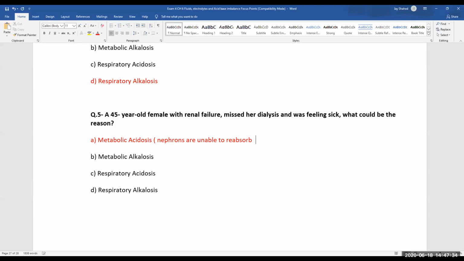Base. So when you are unable, because it's failing, you're unable to reabsorb the HCO3 that's coming out. So when this happens, automatically you retain acid. You have a higher acid than base, so it's your metabolic acidosis.